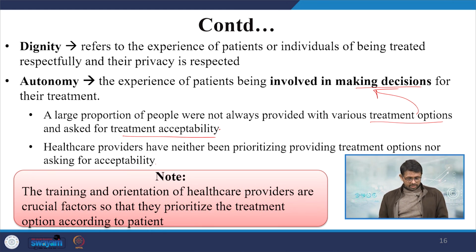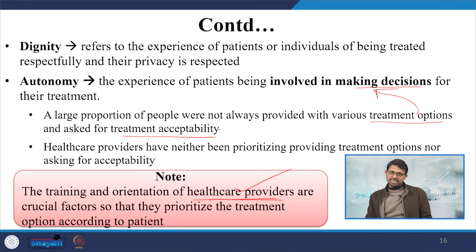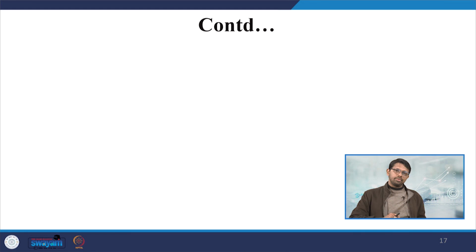To note here, training and orientation of the healthcare providers are a must in this direction, which will prioritize the patient in seeking their treatment, and will also to a large extent minimize their out-of-pocket expenditure.